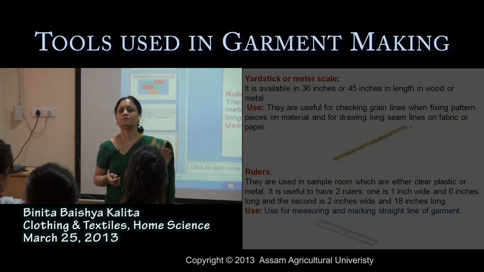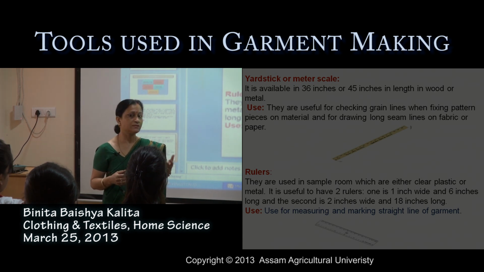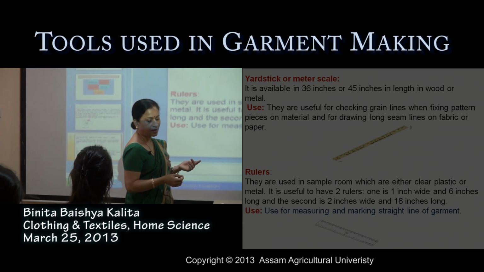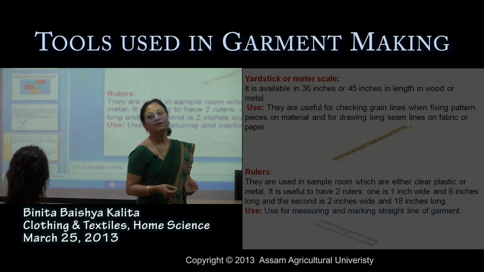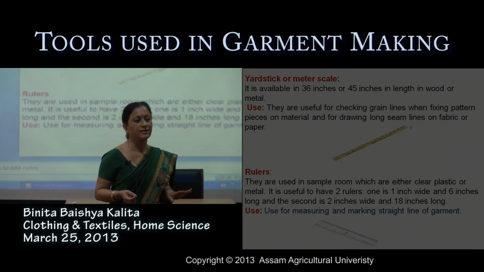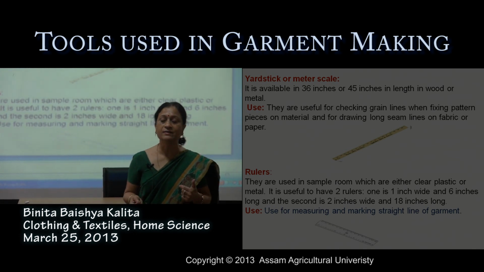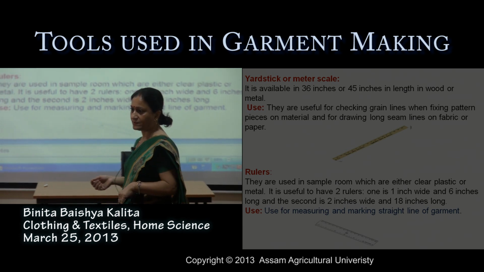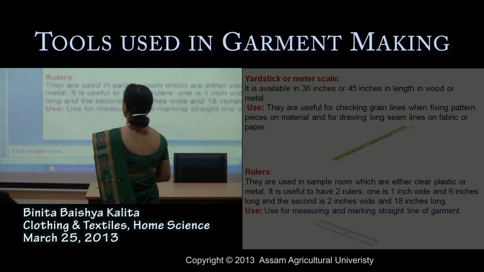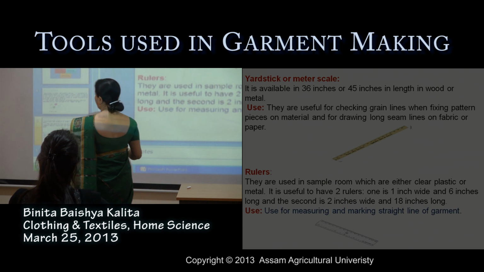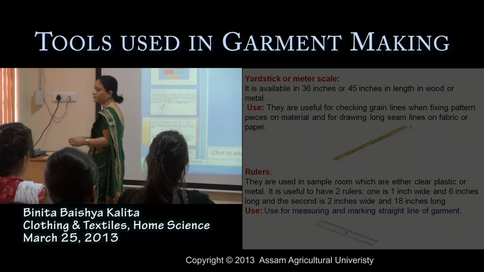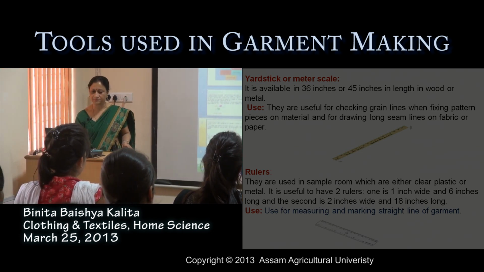It is available in two forms: one is 1 inch wide and 6 inches long, and another is 2 inches wide and 18 inches long. These are used for marking straight lines on the garment.